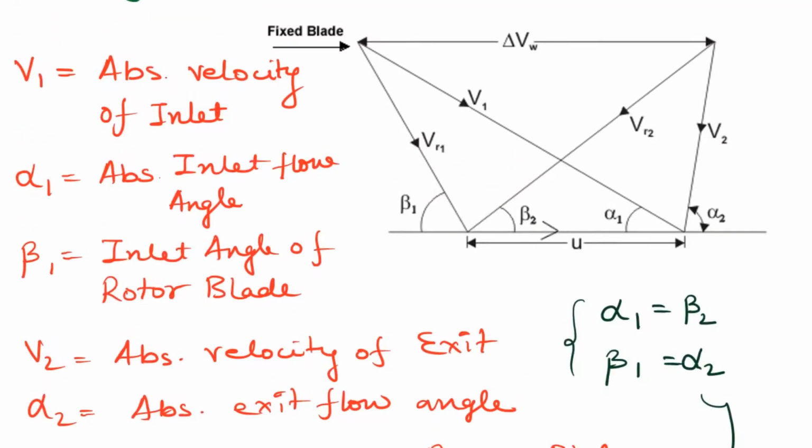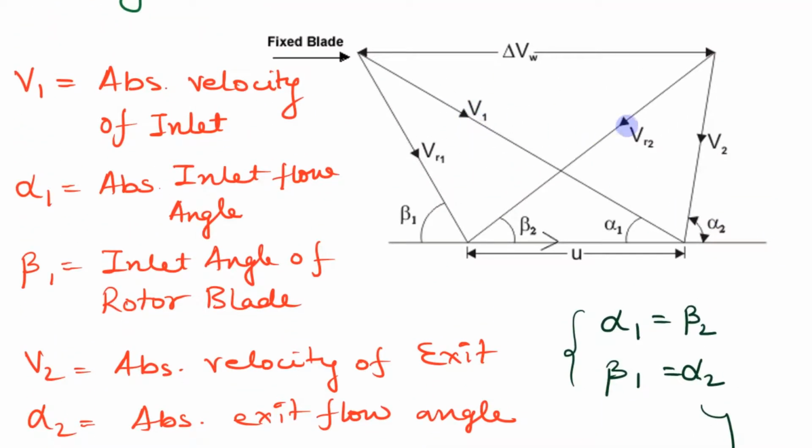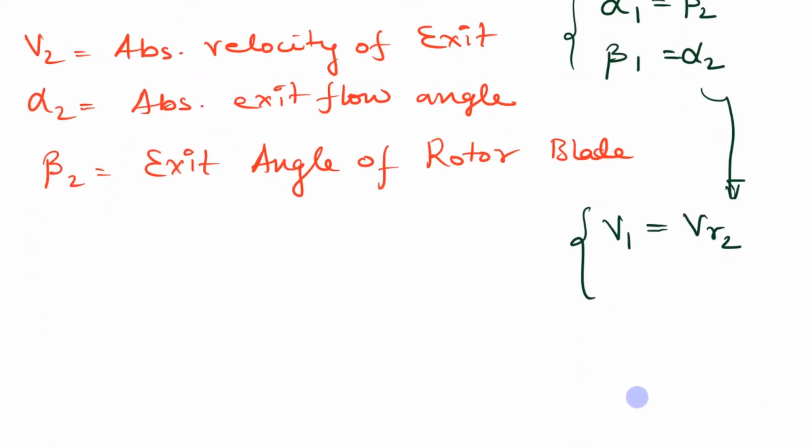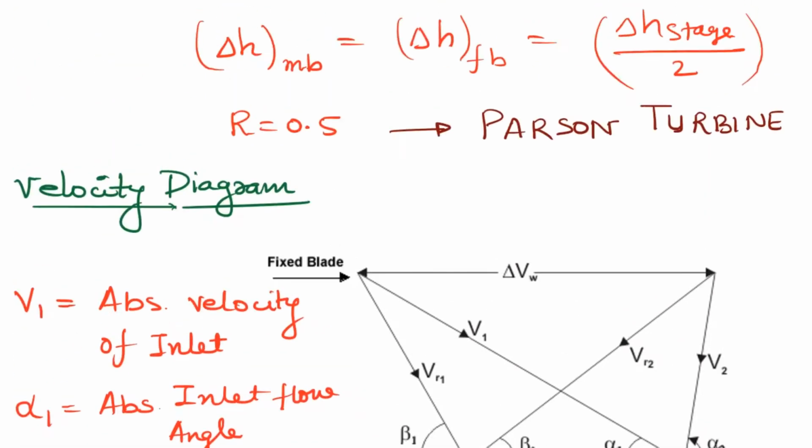From this diagram we can see V1 is equal to VR2 and VR1 is equal to V2. That means the absolute velocity of exit V2 is equal to the relative velocity of inlet VR1.